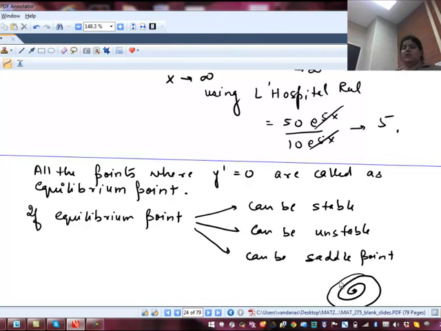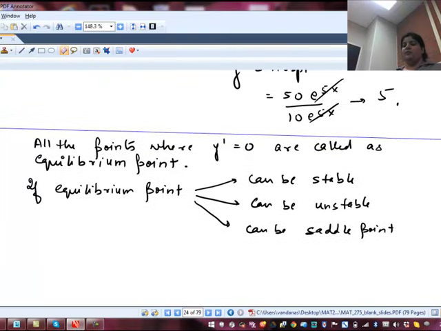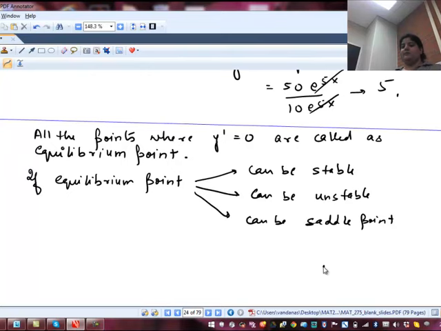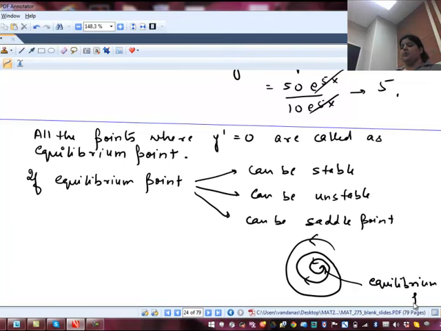In this situation, if the arrow is going inside, then it will be a stable scenario. So you are basically going inside to the point, and this point here is the equilibrium point. So in 2D you started somewhere here, initially, and then you went towards this point. So this point will be stable.